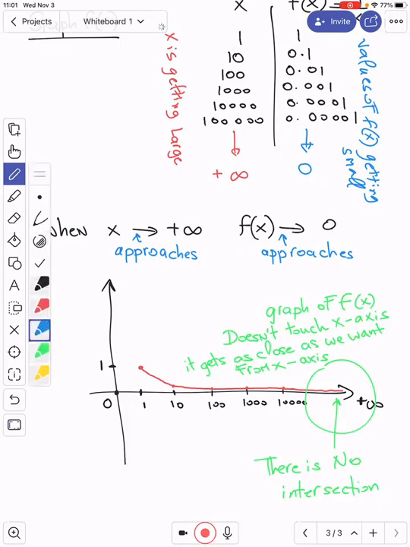This x-axis, this blue line, is kind of a special line, because our graph gets very close to this blue line, but it never touches it.